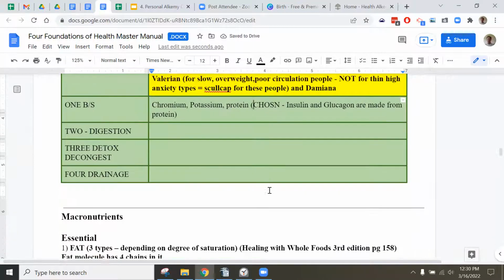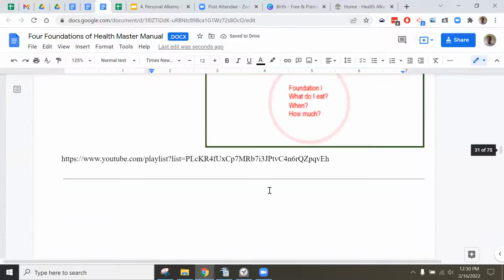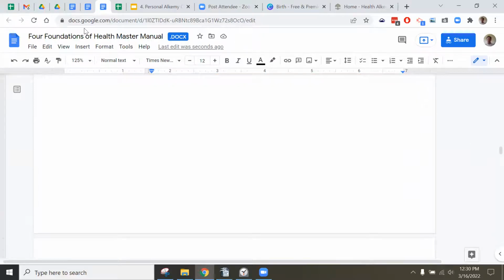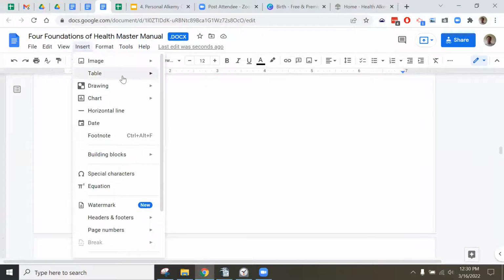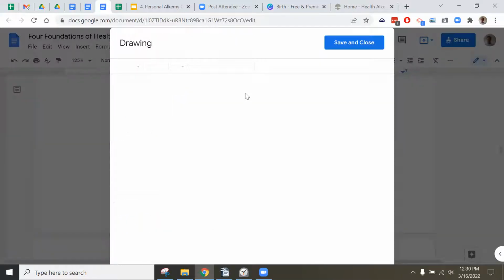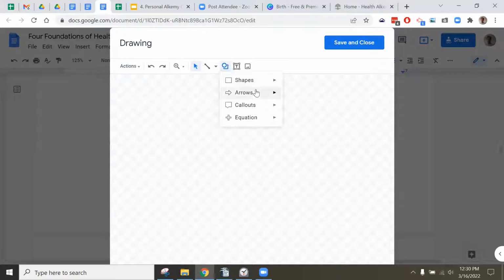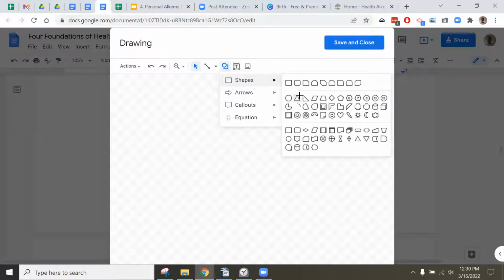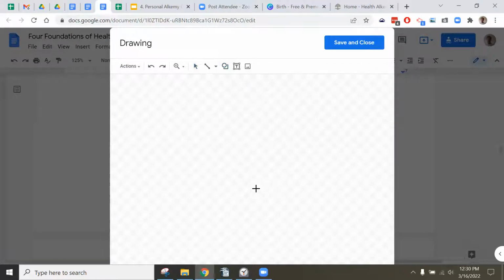So that's actually worth a little chart here. Oh, we can put a chart right here. So watch this. Insert drawing. New. So insulin and glucagon have a little deal together. A little shape, a little triangle. What color shall we make it? Let's do a little triangle guy here.